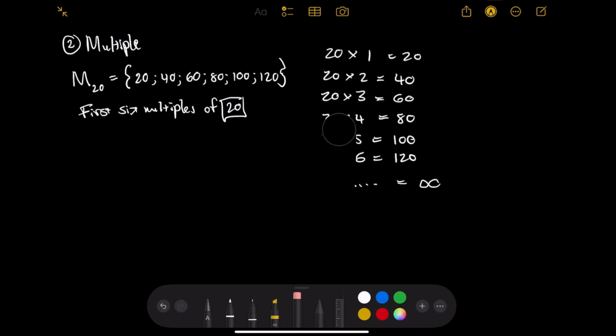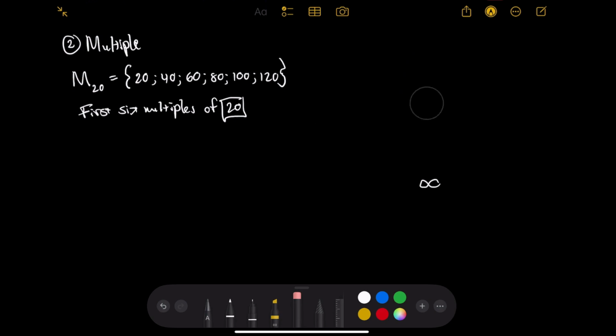Moving on from that, what we can come to understand next is prime numbers. So what exactly are prime numbers?